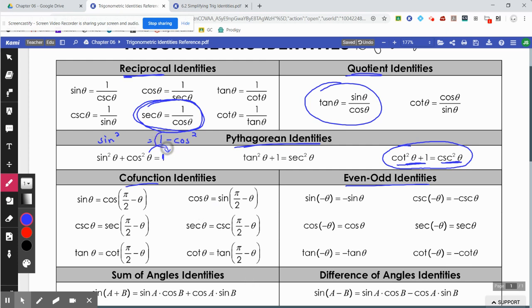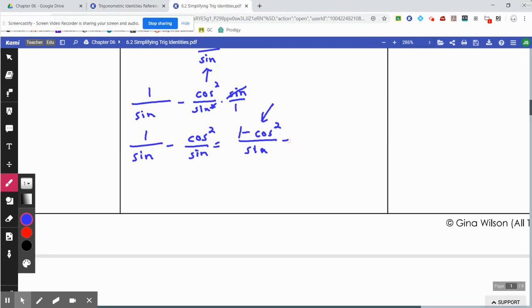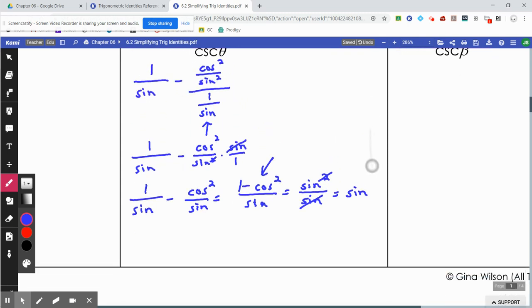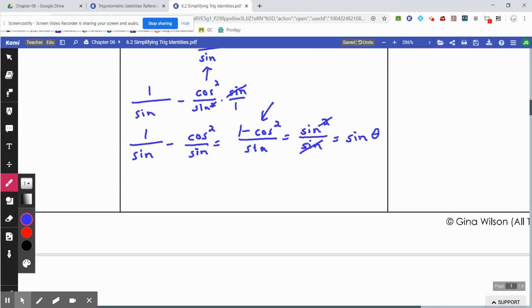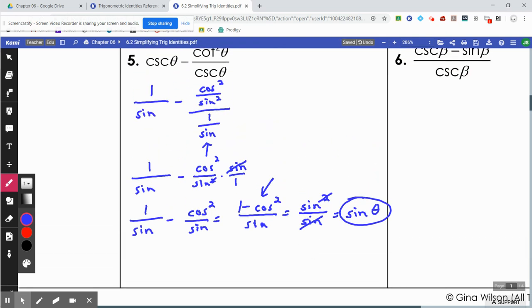So in the place of 1 minus cosine squared, we can put sine squared. So on top, we now have sine squared, and on bottom, we have sine. So the one on bottom cancels with one of them on top and leaves me with just a single sine. And our angle was theta, so let's put that back in. So my function here simplifies to simply the sine of theta.